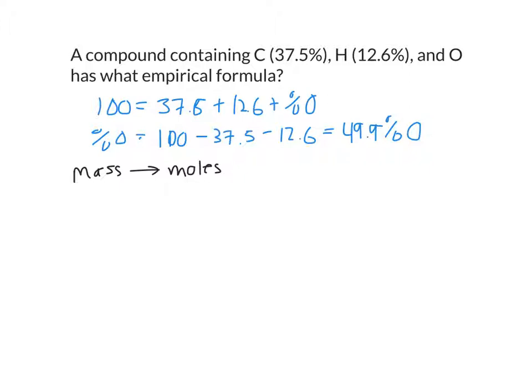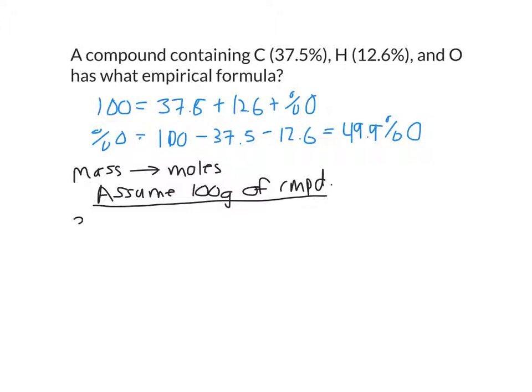So we can assume that we have 100 grams. So our first step is going to be assume 100 grams of compound. And if we have 100 grams of compound, and out of that 100 grams, 37.5% is carbon, then we know we have 37.5 grams of carbon. Likewise, we know we have 12.6 grams of hydrogen and 49.9 grams of oxygen.